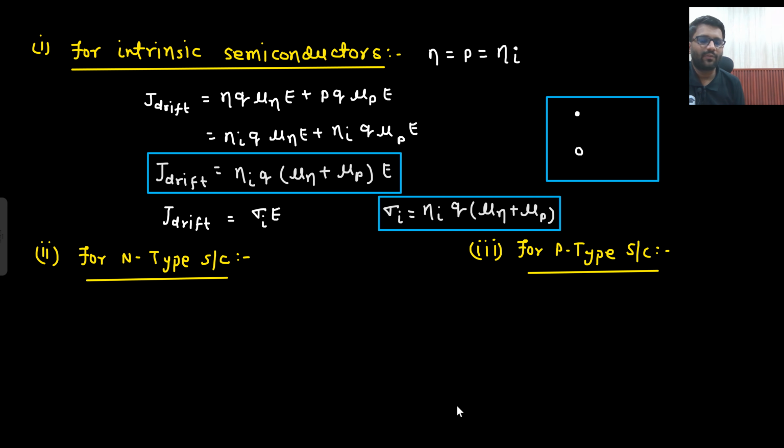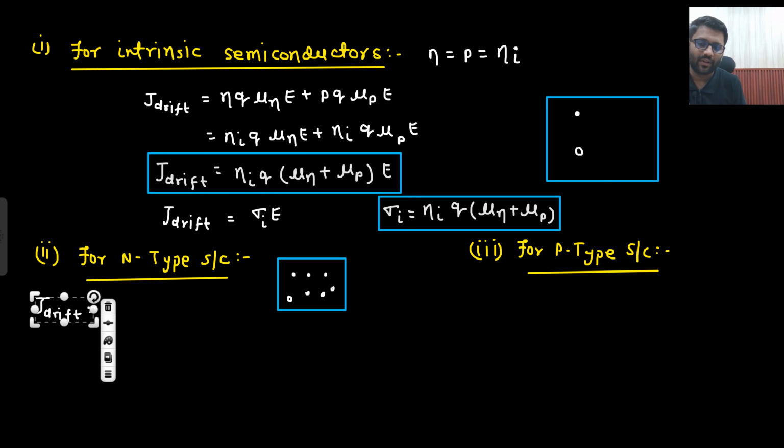Okay. What about N-type semiconductor? This is the normal formula for everyone. In N-type semiconductor, majority charge carriers will be electrons. But holes will also be there, no? So both particles are there. Holes are in the minority, but surely they are there, right?